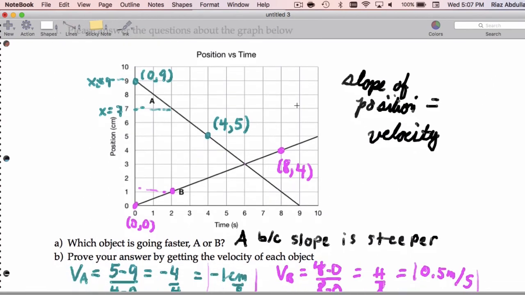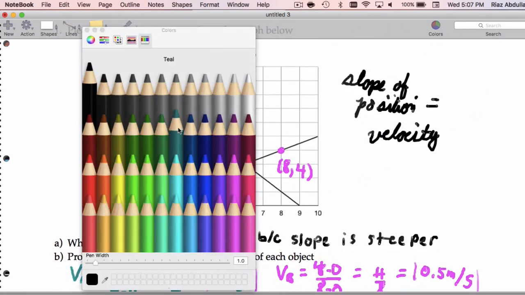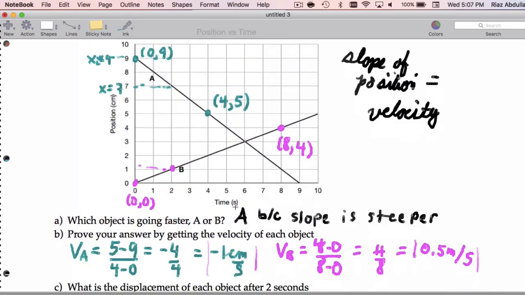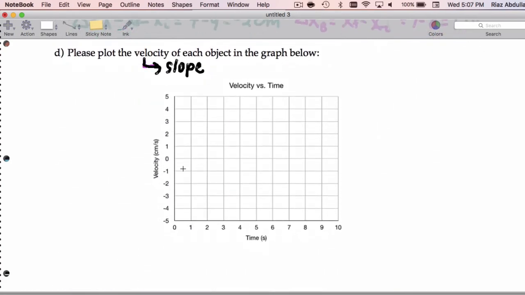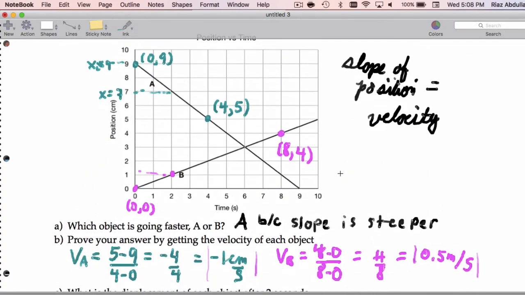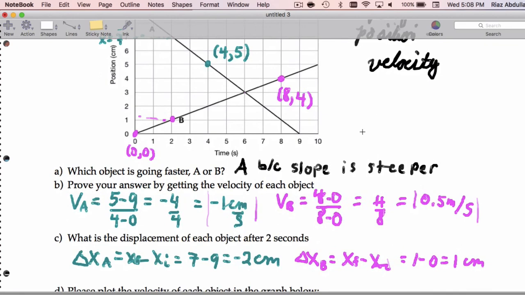So, if I'm going to plot the slope of graph A, that's a slope of negative 1. So I'll actually plot this line right across here over the 10-second period. And for graph B, I have a slope of 0.5. I'm going to remove these absolute value signs.